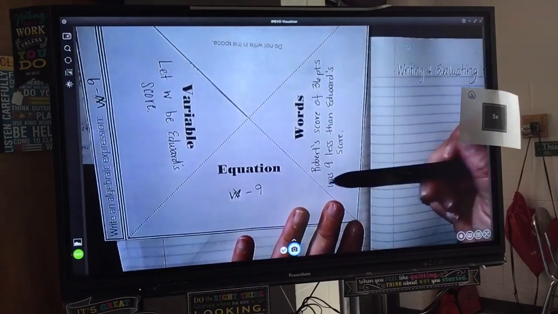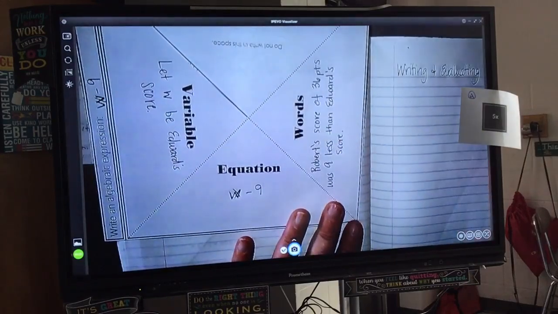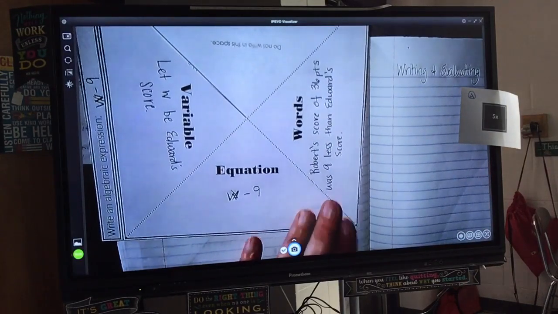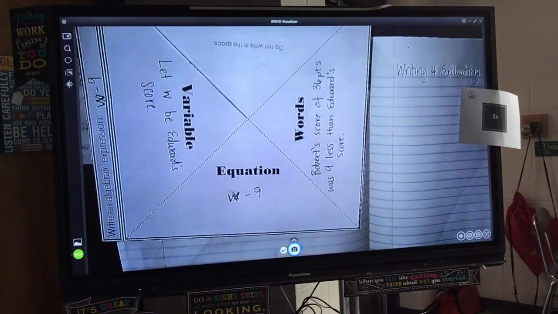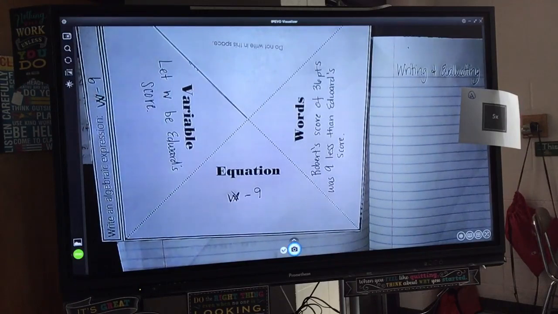Now over here it said Robert's score of 36 points was 9 less than Edward's score. So where does the 36 go in our equation? Not the W, that's Edward's score. So it goes in the difference, if we put an equal sign, because what we have there is an expression.